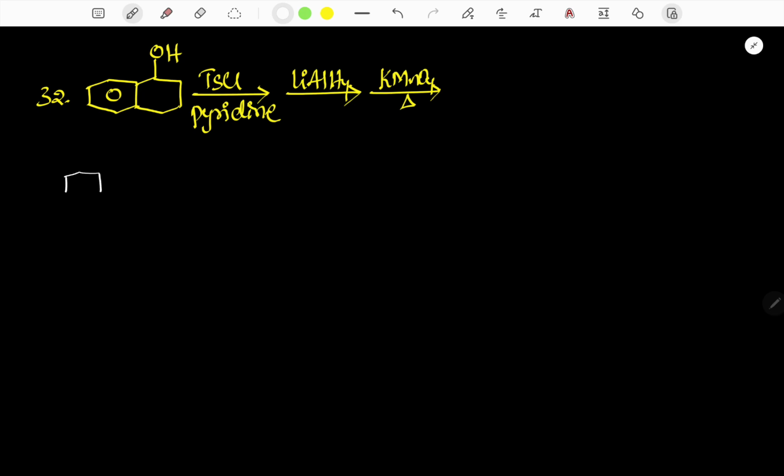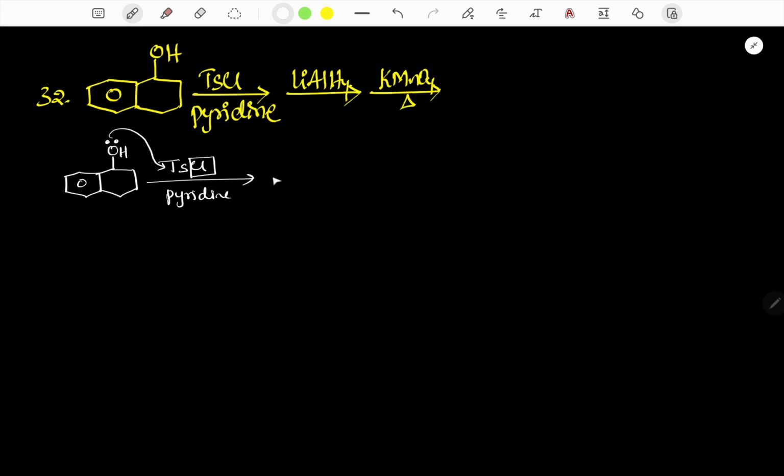The reactant has an alcohol group, benzyl alcohol group. Now it is treated with tosyl chloride in the presence of pyridine. So here we are seeing the leaving group and here the nucleophile is present.